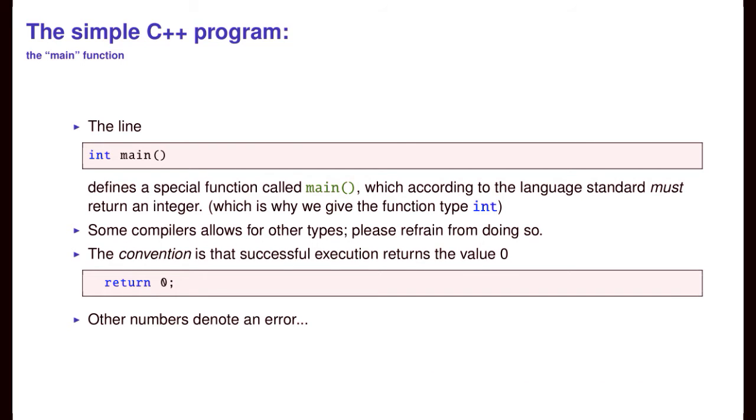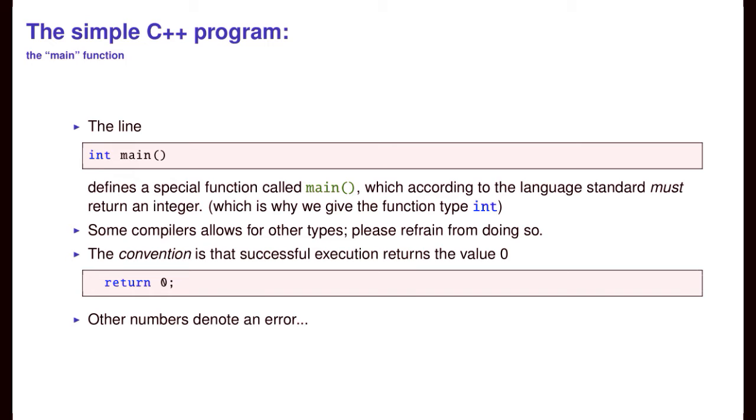So let's analyze what happens with our simple C++ program. So what are the things I do want you to do? Well, there's a first line, int main, which defines a very special function.